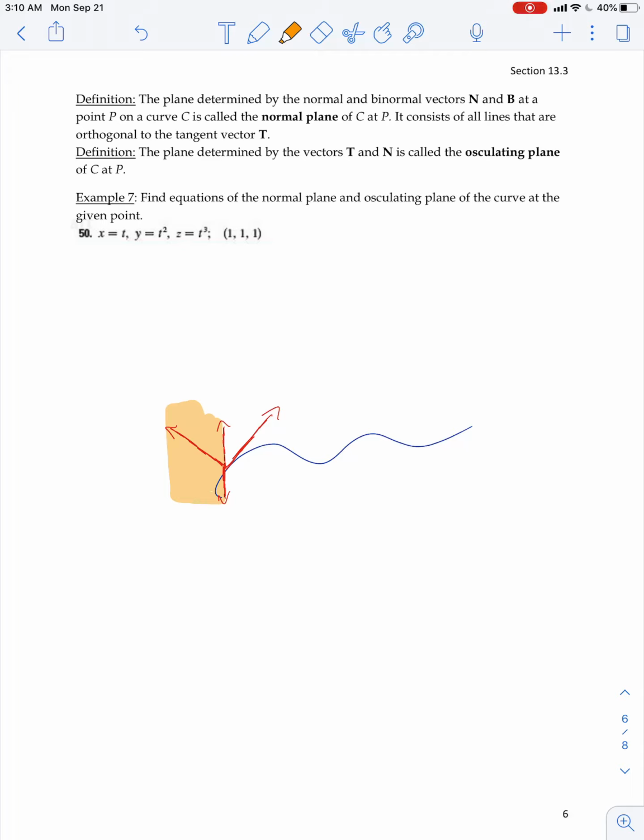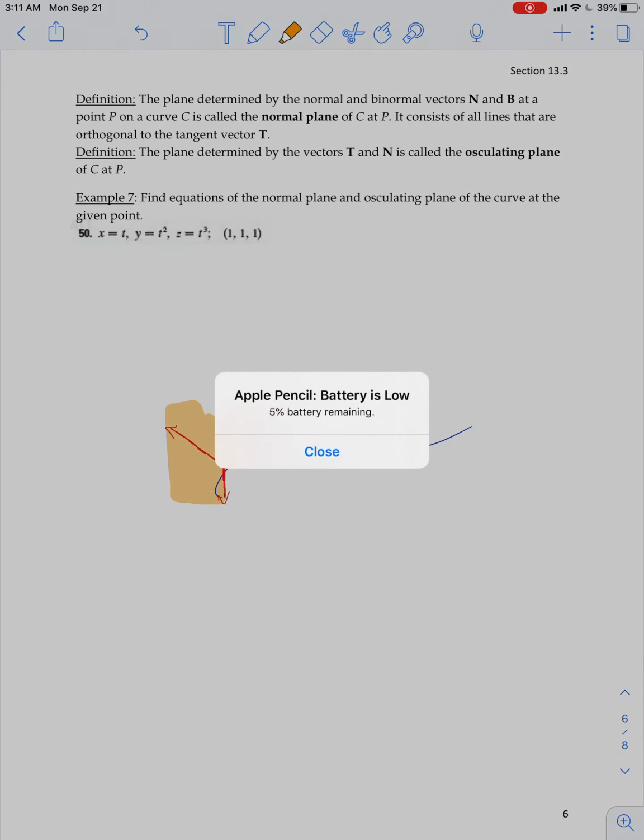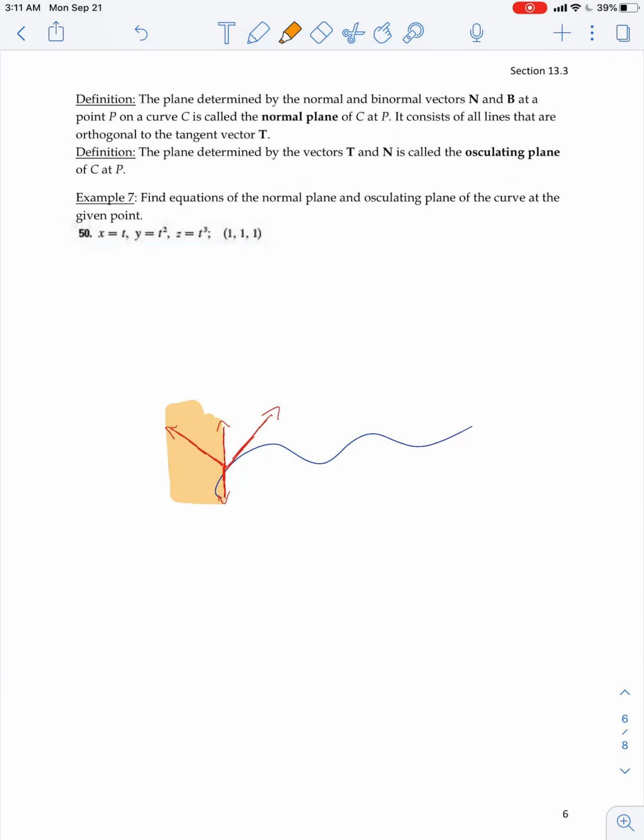And so remember, when we're writing the equation of a plane, we want the vector that's orthogonal to be the vector that we use when we write the equation of the normal plane. So the tangent vector, or the unit tangent vector, would be the vector that we're going to use. Again, we don't have to use the unit tangent vector.